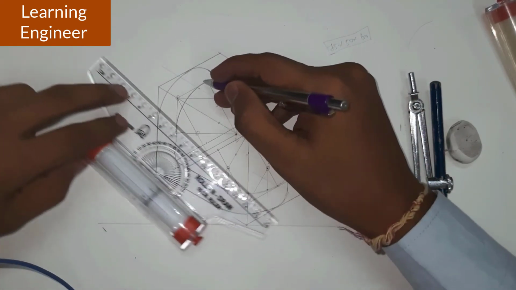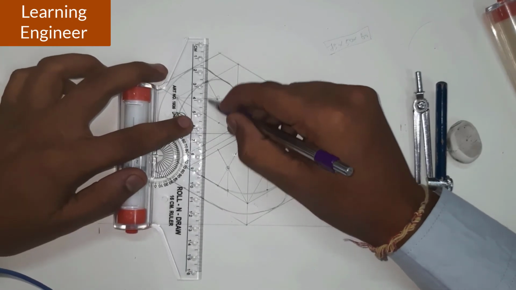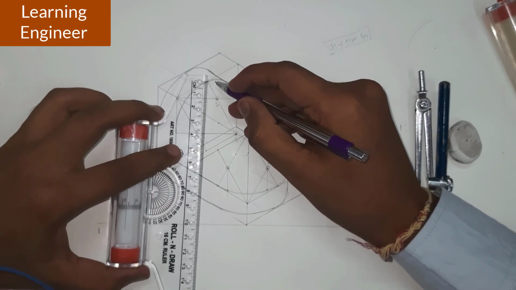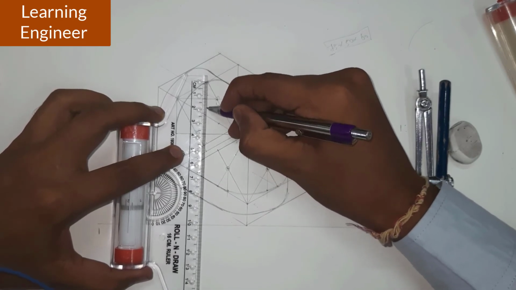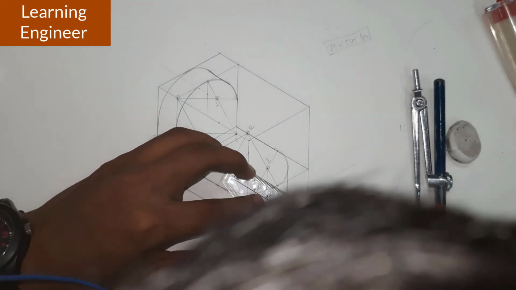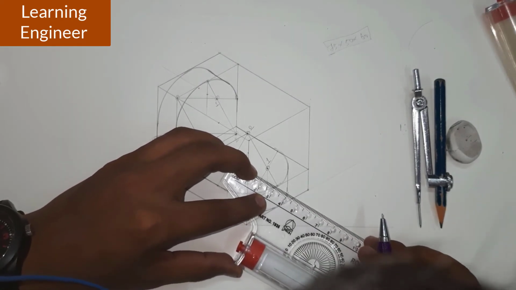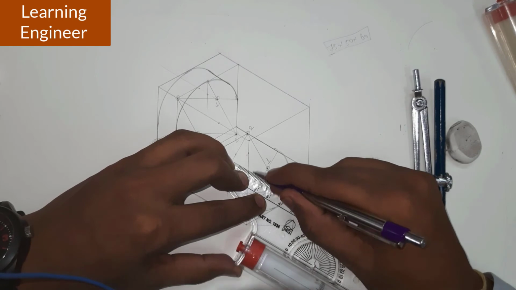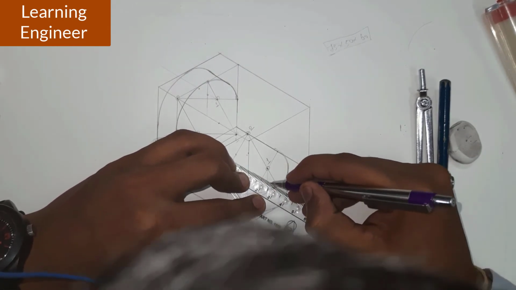We want the midpoint over here; we have that midpoint on the bottom side, that is not required. We have to mark 10 millimeters. Again we have to mark 10 mm. Again we have marked this 10 mm.